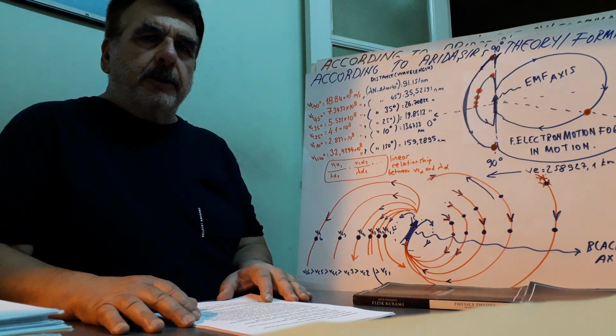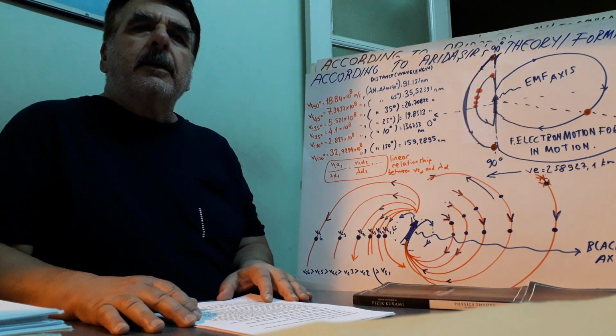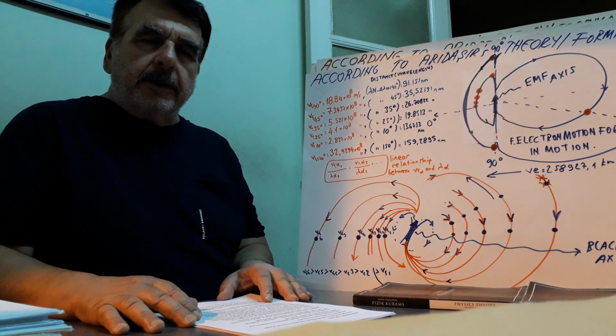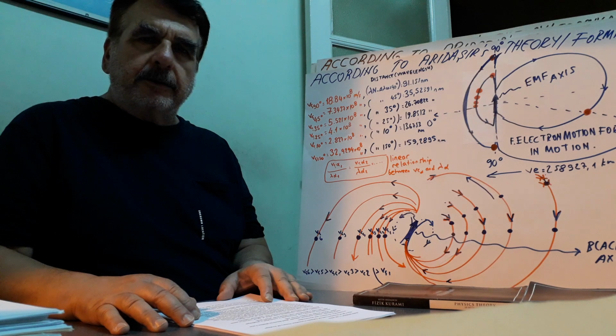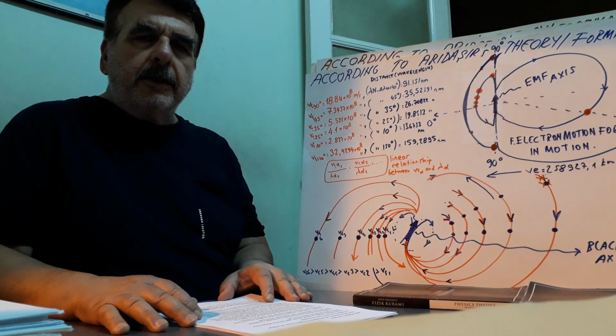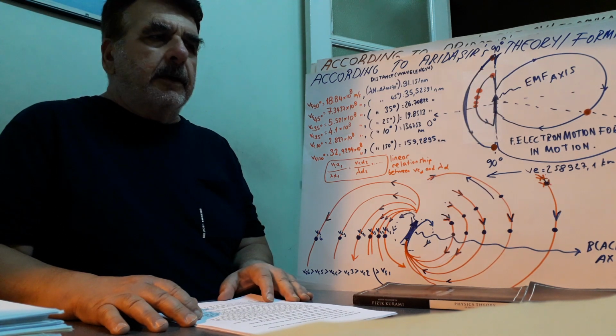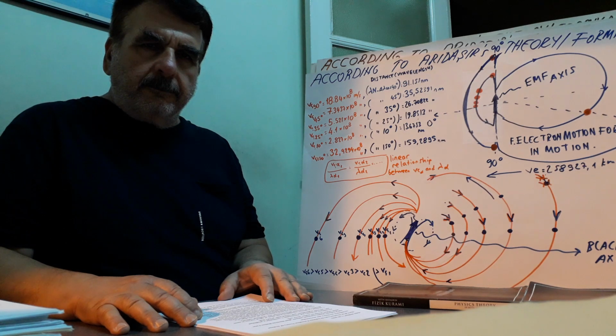The most common wavelength size is 91.155 nanometer wavelength size electron motion form in all of our atoms.